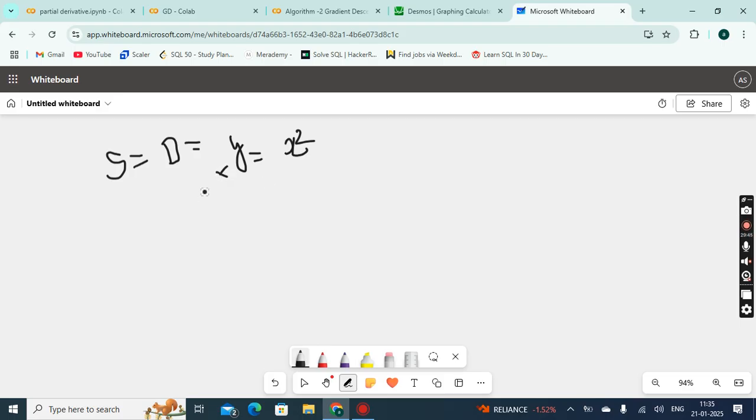I know y is my f of x. So how will I calculate the derivative of x square?